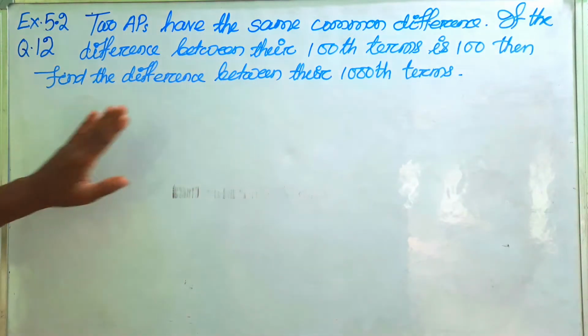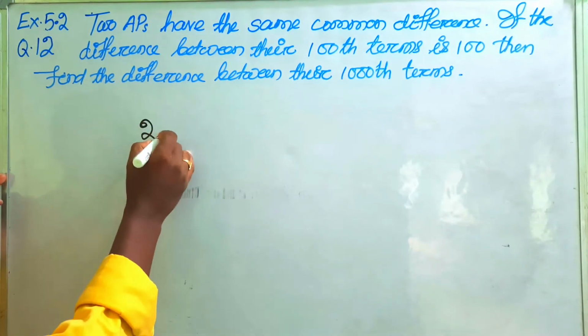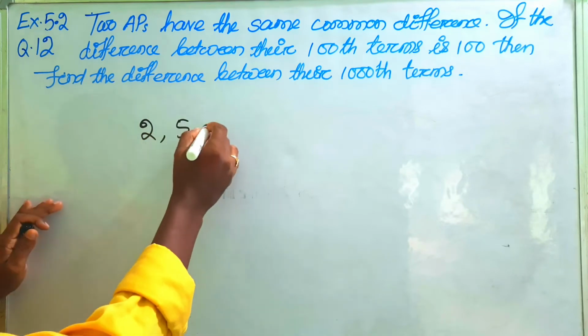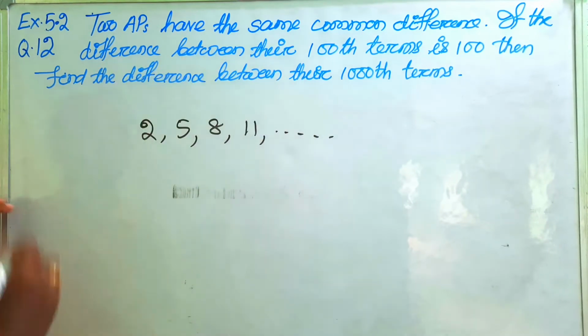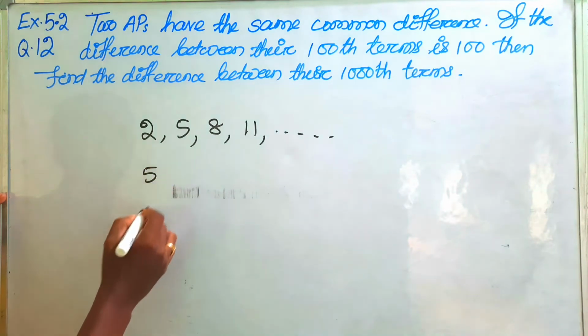Now let us take the example. Here I am taking two APs. One is like this. Another I have taken here, suppose 5.